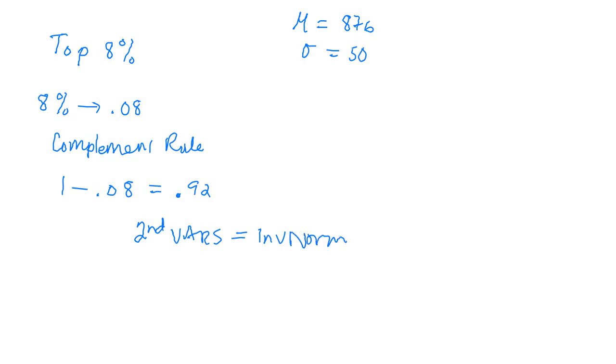Area is going to be 0.92. Mean is 876. Deviation is 50. Second vars, inverse.